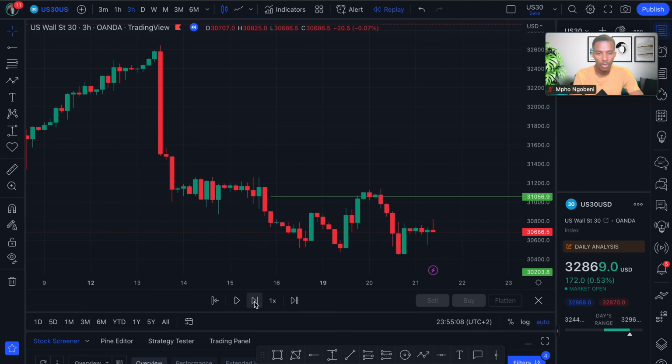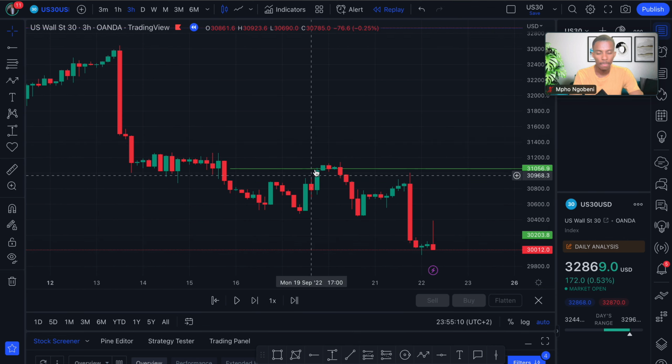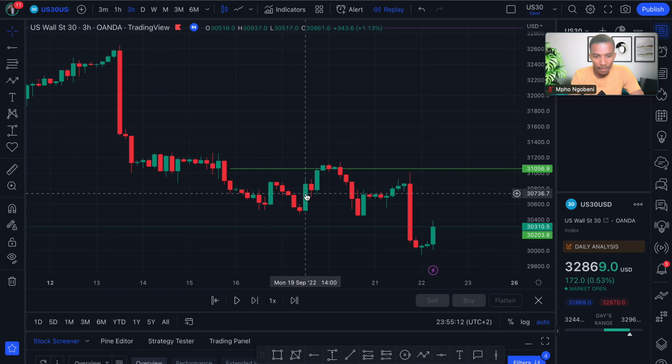Let's play it slowly. Again, as you can see, the 19th, just like the previous one, went and created a high.